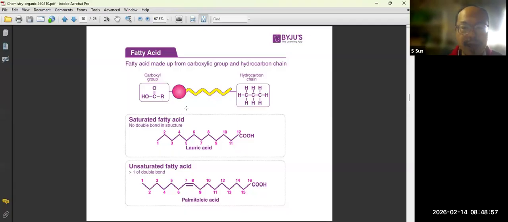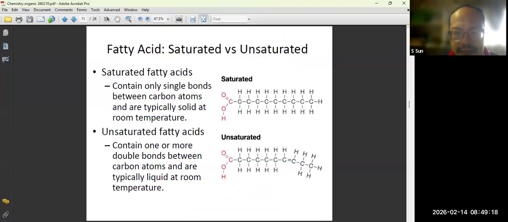We can also classify by the chemical bond between carbons. If all of these chemical bonds between carbons right here are single bonds, I'll show you here, carbon, carbon, these carbons are all single bonds.